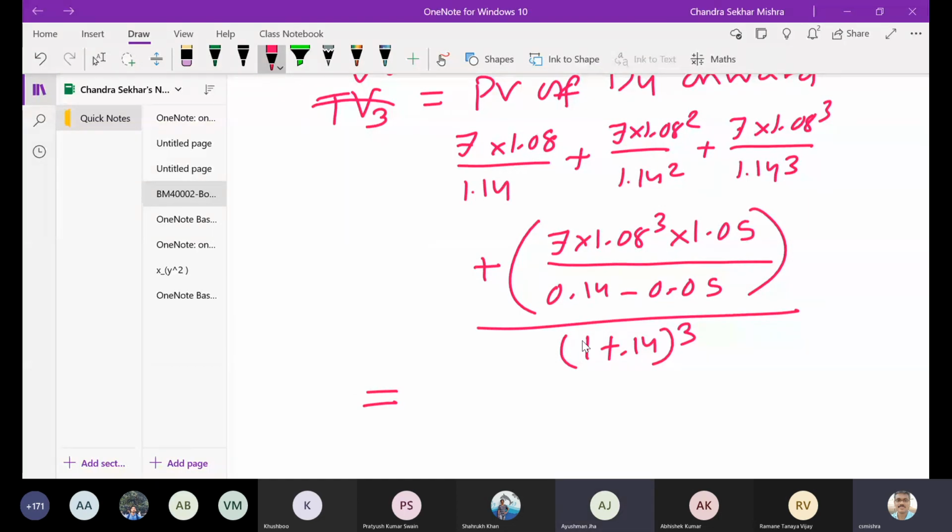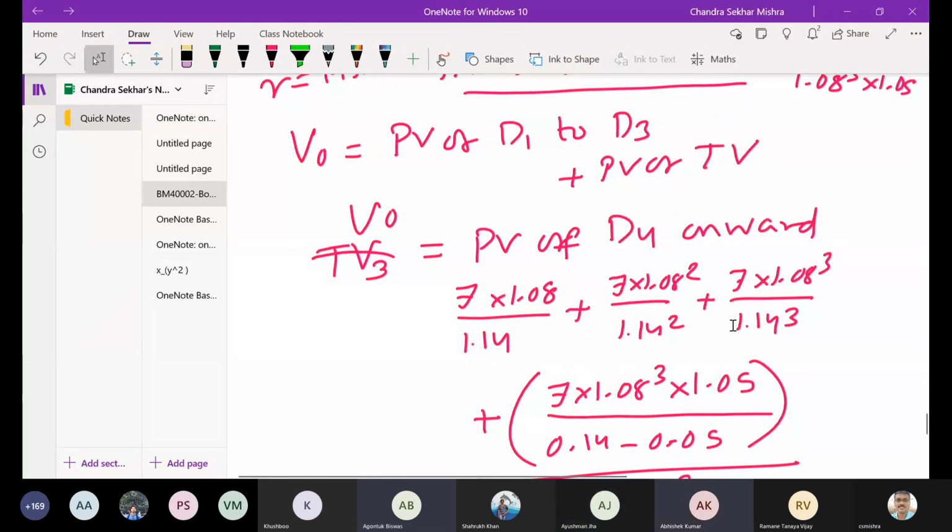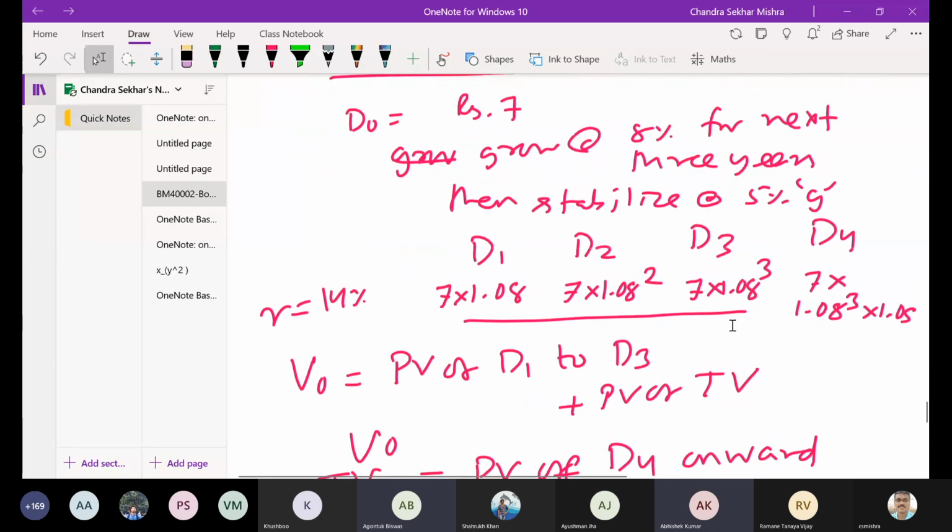Sir, can you scroll just a bit up? I had a question in the previous problem.